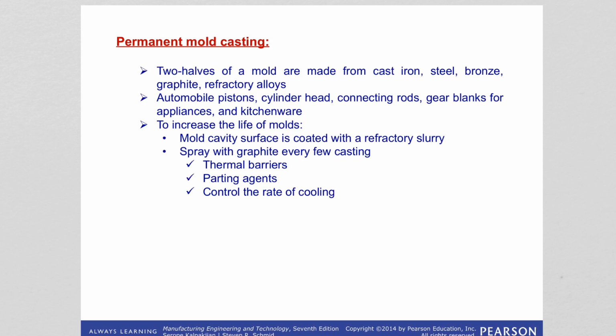So the mold cavity and the gating system here are machined into the mold, and they become an integral part of the mold. Of course, if you want to produce internal cavities, you can use cores, and the cores can be made of metal or sand. And of course they need to be placed into the mold prior to the casting.